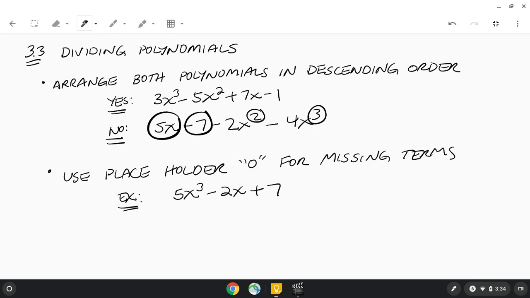However, we are missing the x squared term. So we would make sure to use a placeholder right here for the x squared term that is missing, and then bring everything else. If you're missing 2 terms, then you have 2 placeholders.